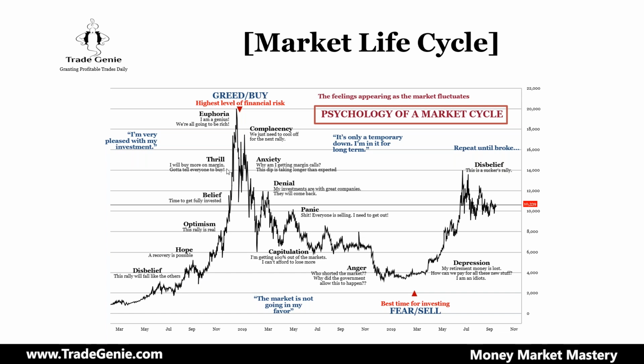And by the time the retail people, the traders who think I'm a genius and we are all going to be rich, get in here on a euphoria level, they say, I'm very pleased with my investment. They're thrilled.